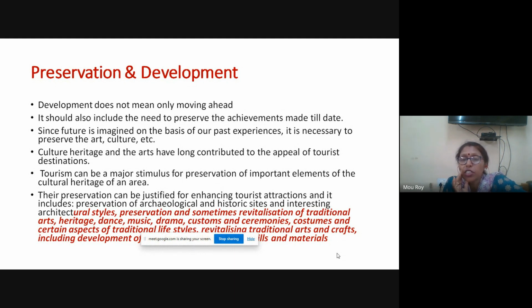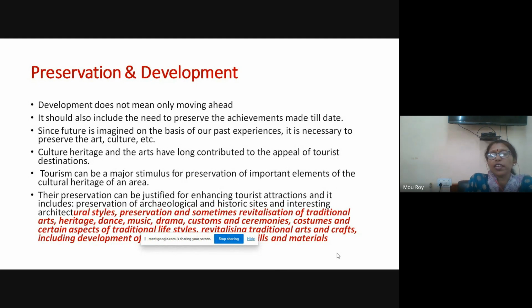So preservation of archaeological and historical sites is very important, and revitalization of traditional arts, heritage, then dance, music, then cuisine, customs, then ceremonies, then costumes, and traditional lifestyles. Okay, so you have to revitalize all this. That is how you can preserve as well as develop.